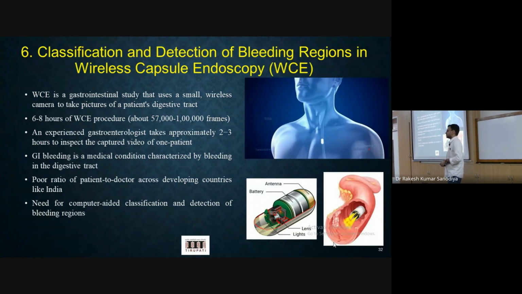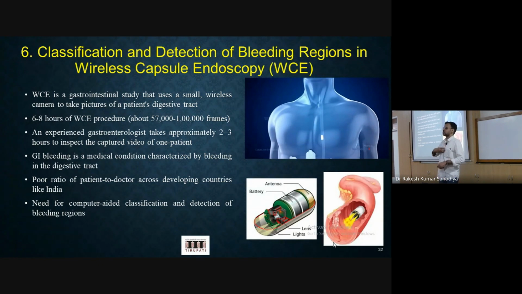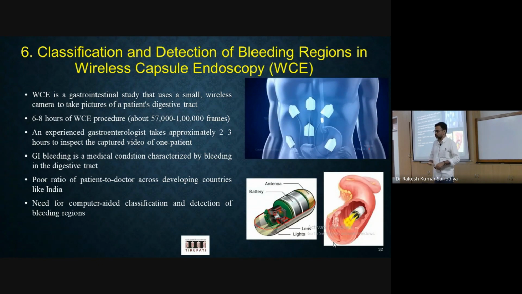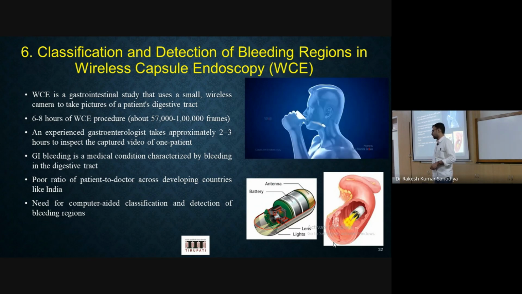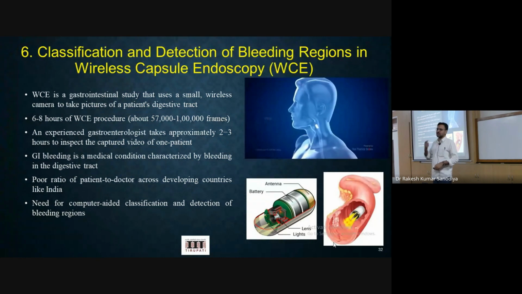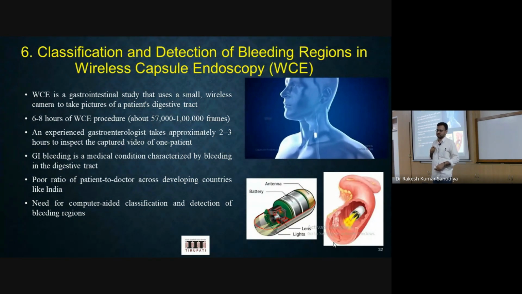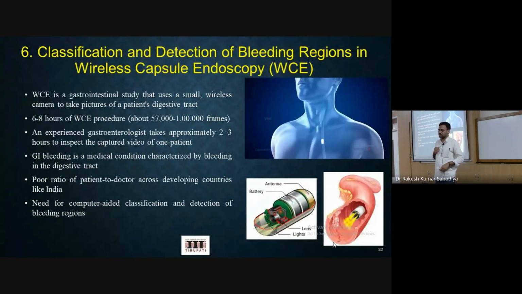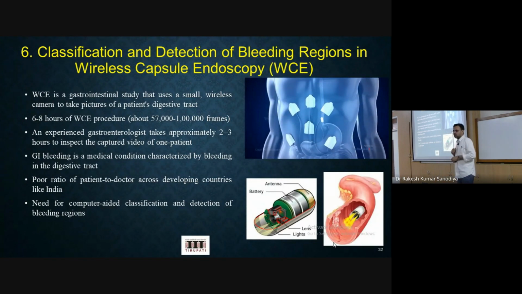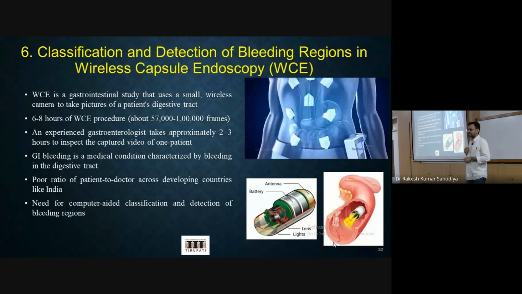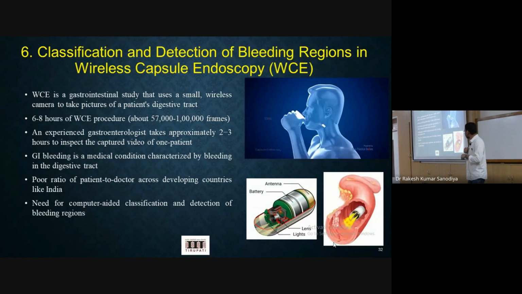The patient just needs to swallow it, because doing endoscopy up to here is fine, but going inside the intestines, if there is any injury, is not convenient with a normal probe, or even not possible. So they make the patient swallow it, and finally it comes out. That is mostly harmless. So this is how it happens.